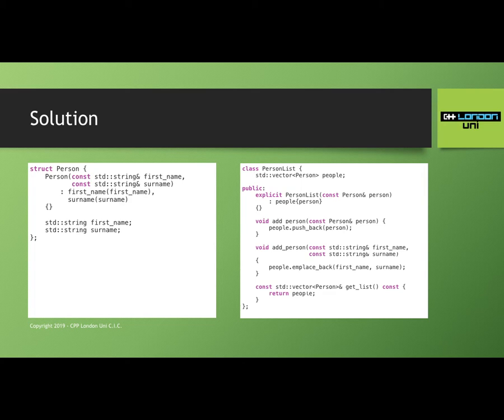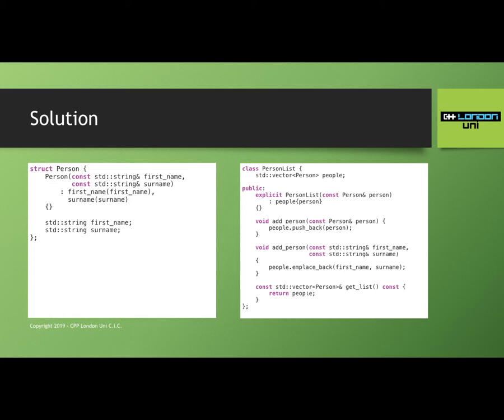And the way that we use emplace_back is, it's a vector of person, and because person now has a constructor, the arguments we supply to emplace_back are the constructor arguments of, in this case, the person class.